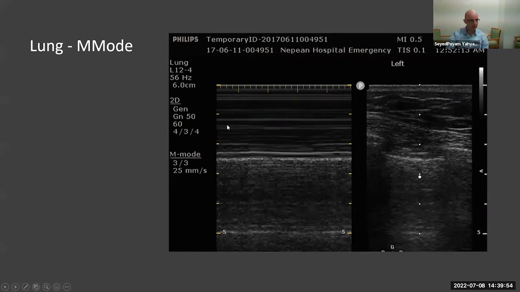The linear lines are the chest wall soft tissue, and the speckled area, like a seashore, is the area beyond the pleura, which is just artifact, suggestive of air not being in the area. So no pneumothorax.